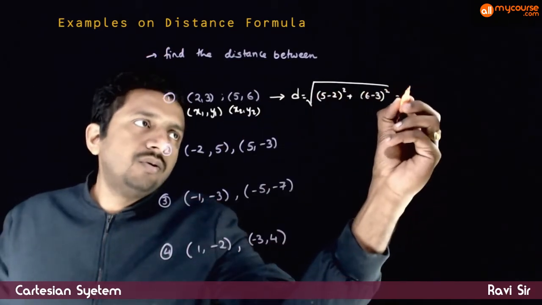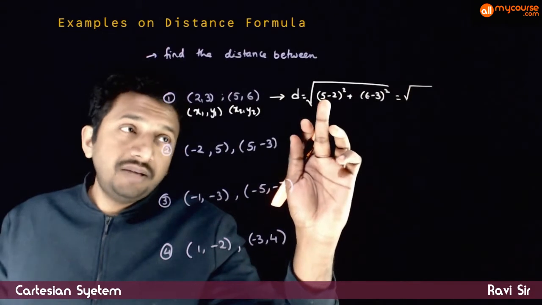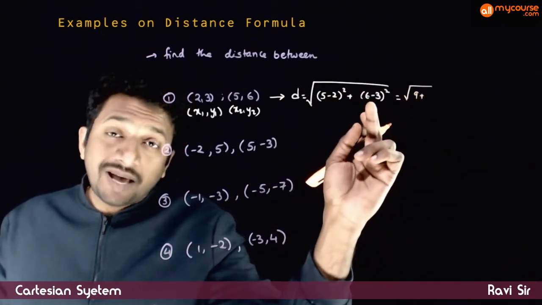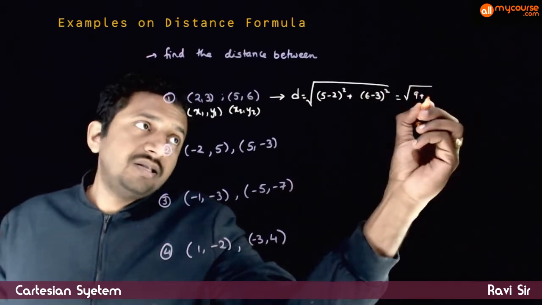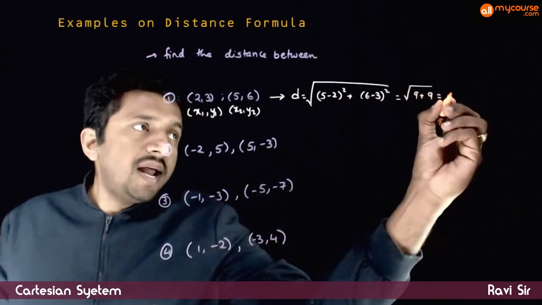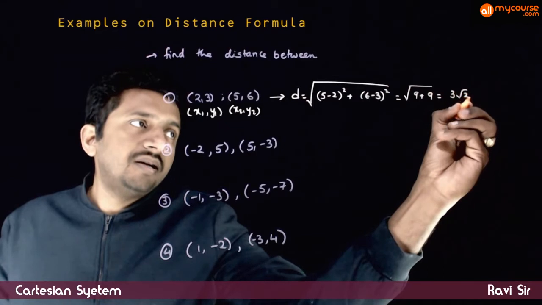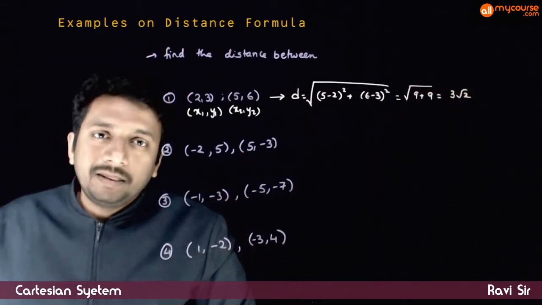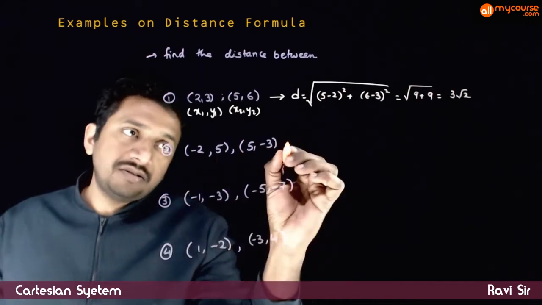That is equal to root of 5 minus 2 is 3, 3 square is 9, plus 6 minus 3 is also 3, 3 square is 9. Root 18 is nothing but 3 root 2. Now let us go to the next question.